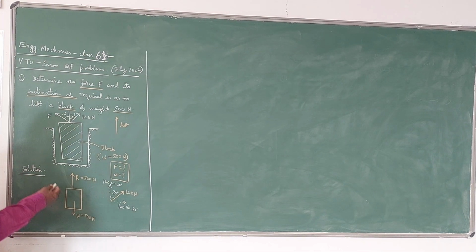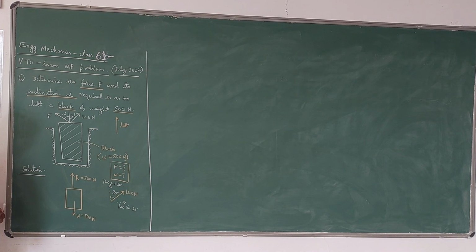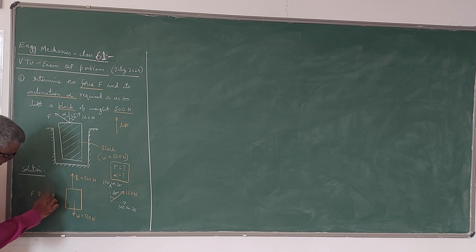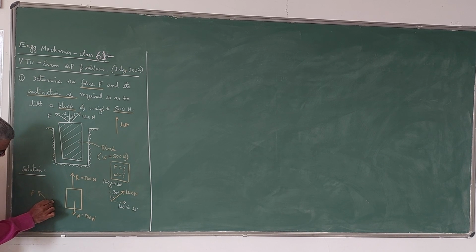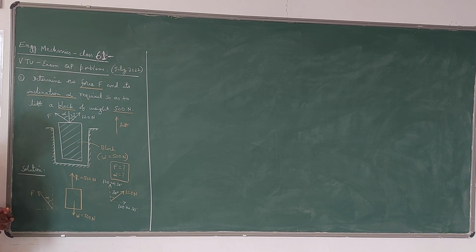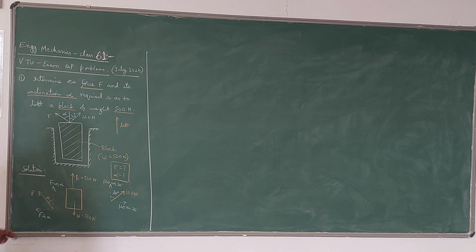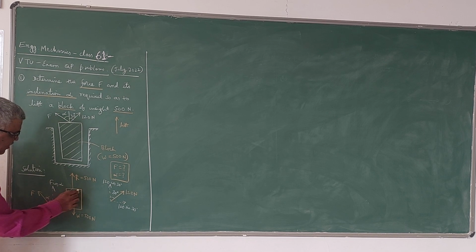They are the same. Similarly, if I resolve this force F, which is acting at an angle alpha with the vertical direction, this becomes F cos alpha, and this becomes F sin alpha. Please note that here the block is lifted upward.